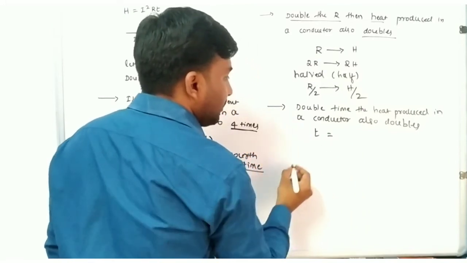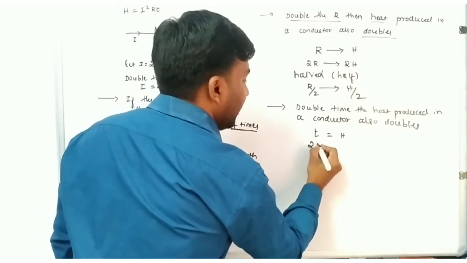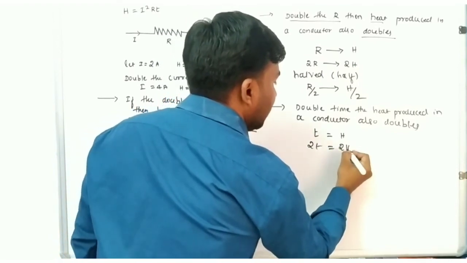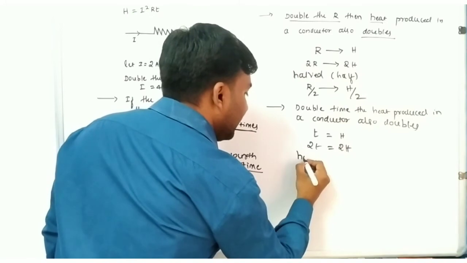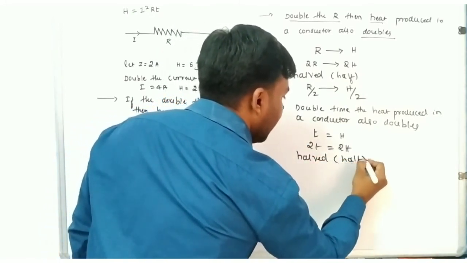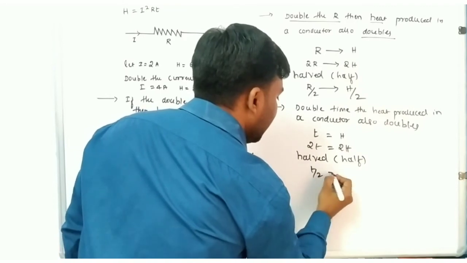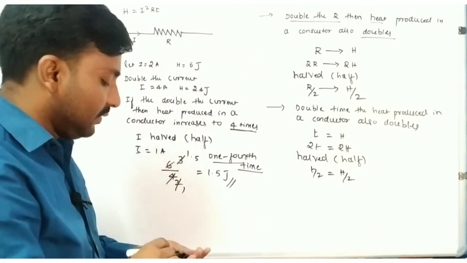The heat produced is H. If we double the time, the heat also doubles. Similarly, if we halve the time, that is T/2, the heat also halves. That is, the heat also decreases to half.